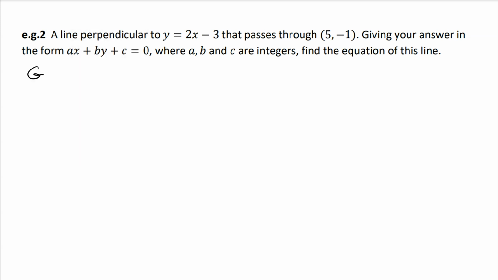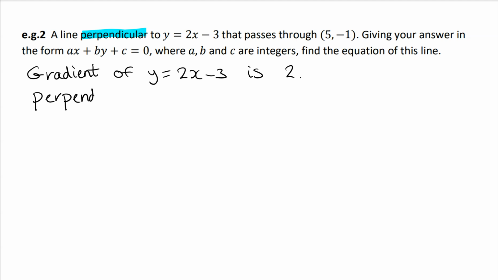Now we know the gradient of the line, so we know the gradient of y equals 2x minus 3 is 2. We already talked about that in the previous example. But we're not looking for a parallel line this time, we're looking for a perpendicular line. So if the gradient of the line y equals 2x minus 3 is 2, the perpendicular gradient is going to be the negative reciprocal.